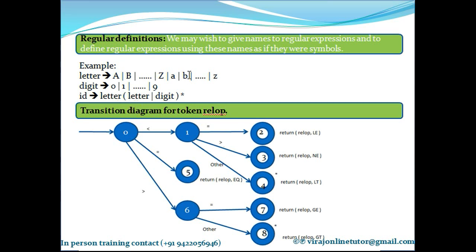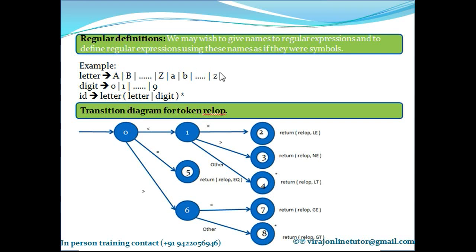From this example, which are symbols? A, B, Z, 0, 1, 9. All these are symbols. My regular definition says I can use the names given to these regular expressions as if those were symbols. I'm using letter and digit here as if they are symbols, but they are not symbols. They are names given to regular expressions.